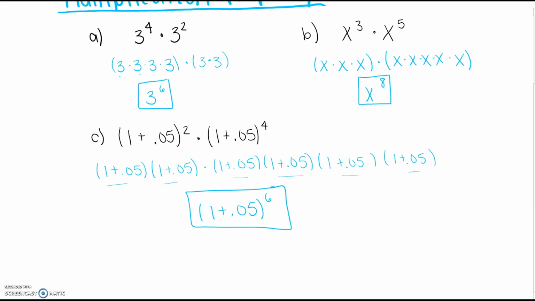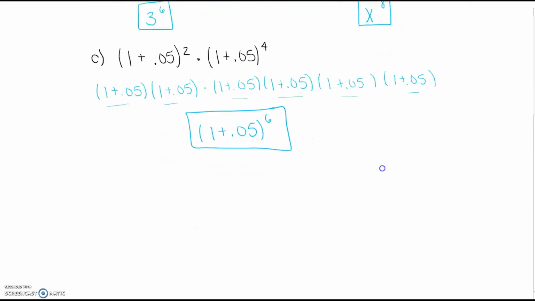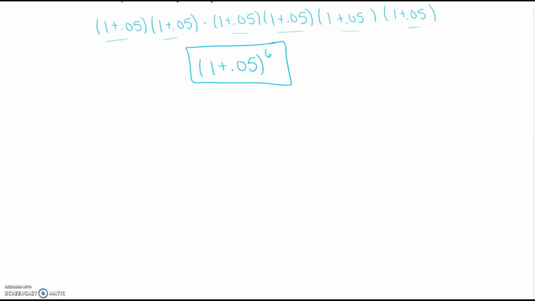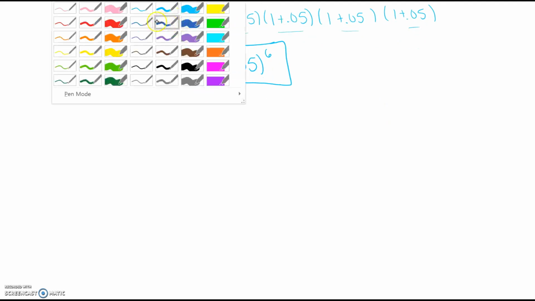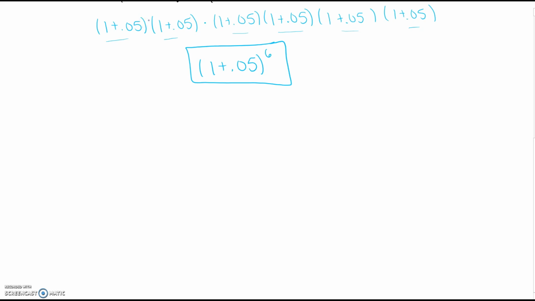Alright, if we wanted to generalize this, hopefully we can agree, we reach the conclusion that we can add the original exponents.